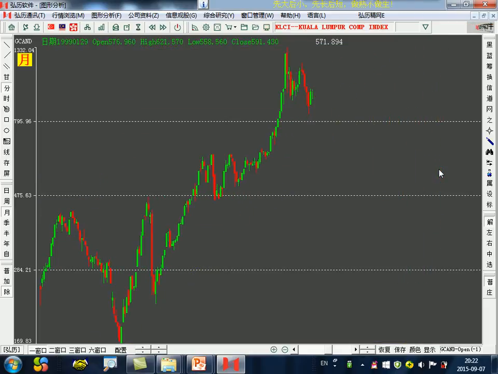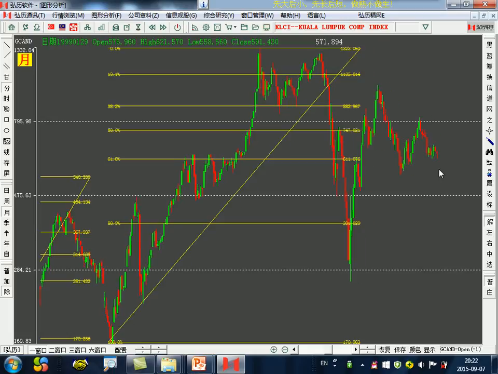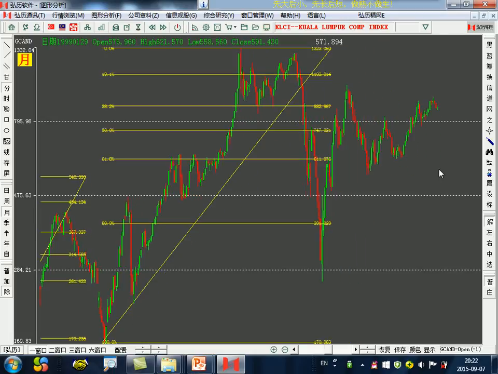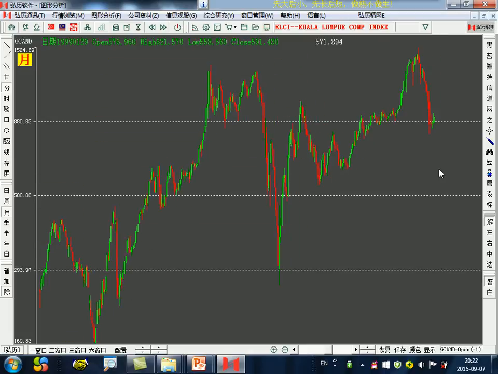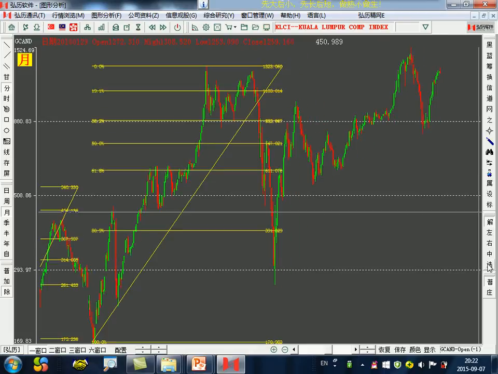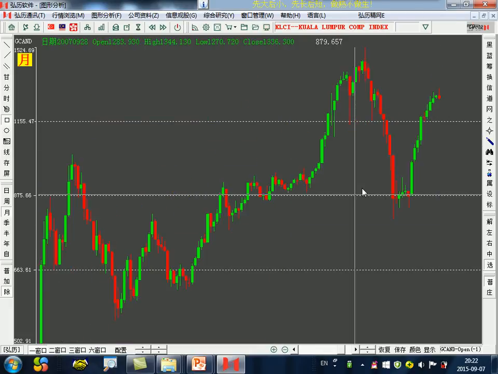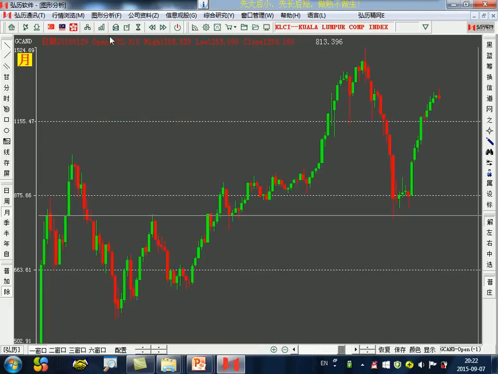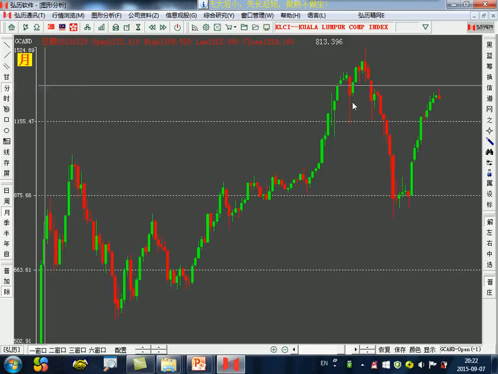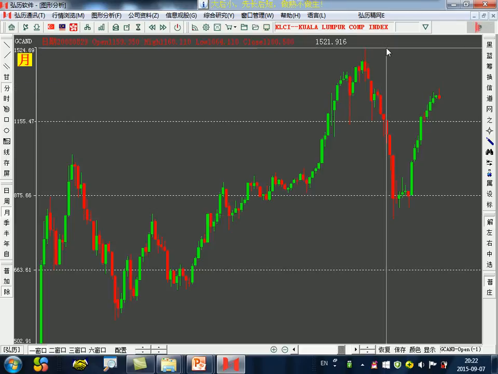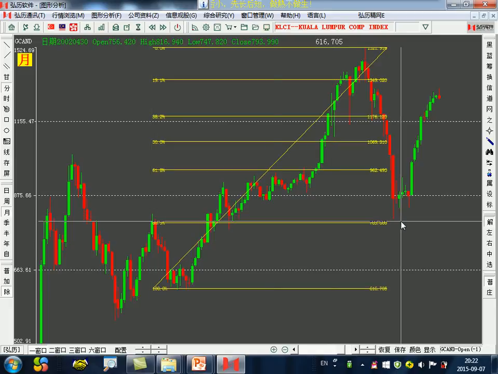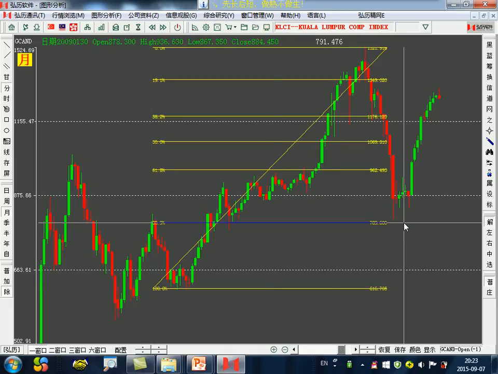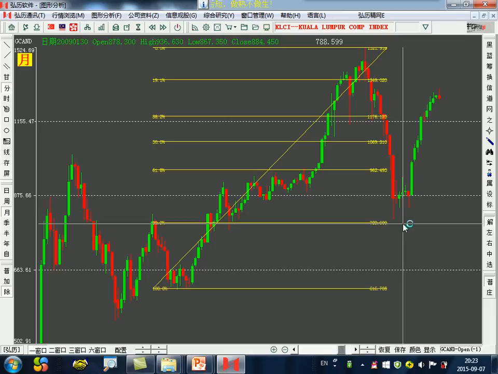The third time is in 2008. Now it's here. From the highest point to this low point, you can see nearly around 80.9, just near there, right?